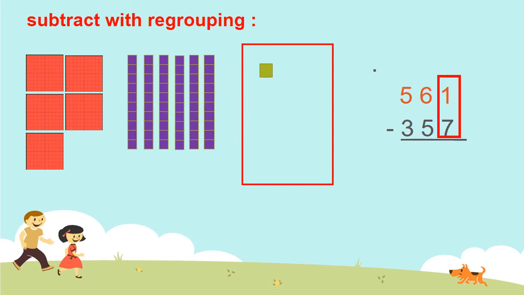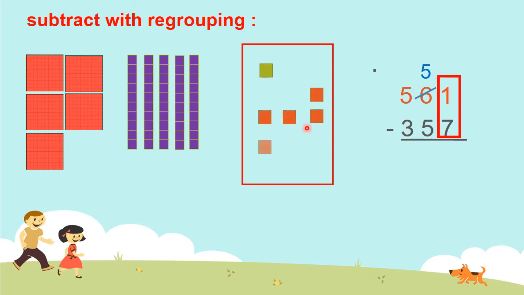So what do I do? Yes, the same thing. I'm going to take 1 ten, change it with 10 ones. Now our tens became 5.